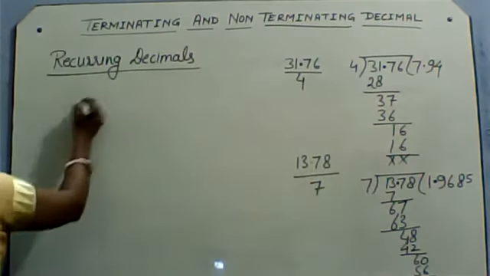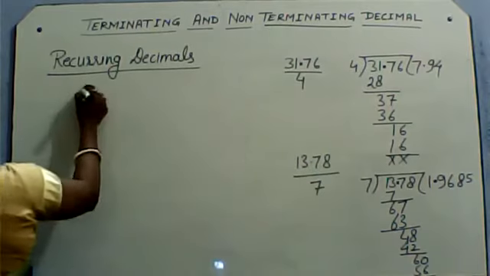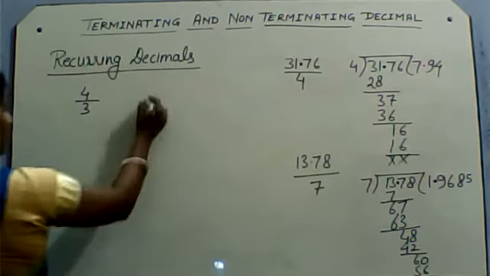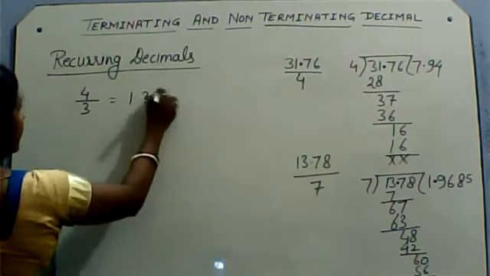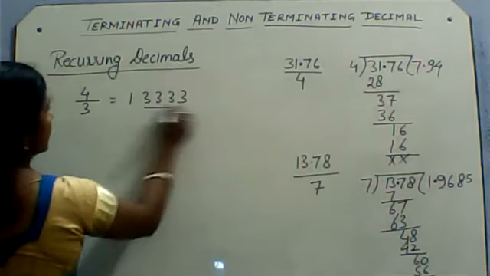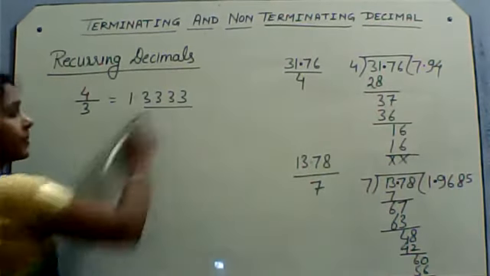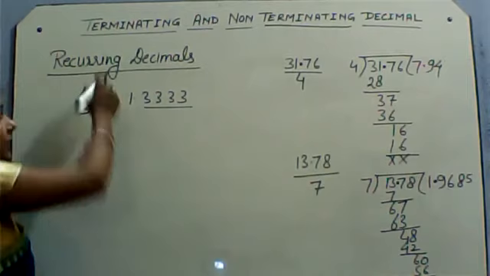Suppose just now I divided 4 by 3. So what came? 1.3333. This one is repeating and repeating and repeating. This is called a repeating decimal, or recurring decimal.